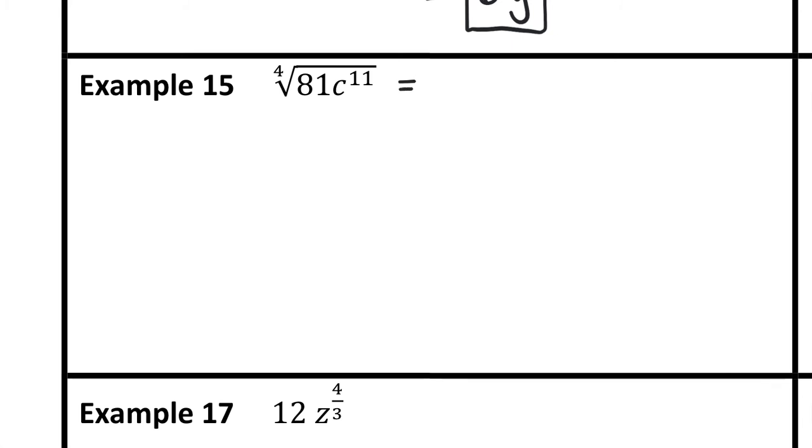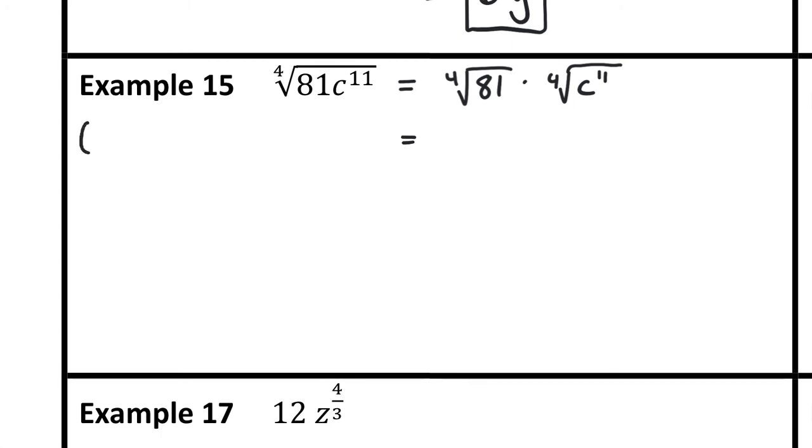So we have here, again, we can separate 81 and the 4th root of c to the power of 11. Then we're going to ask ourselves, is there a number that I can multiply 4 times by itself to give me 81?